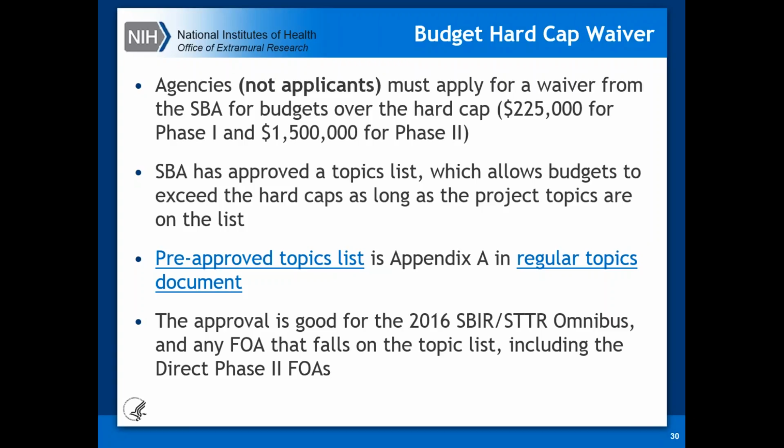So the SBA Central Office has approved a topics list which allows budgets to exceed the hard caps as long as the project topics are on that list. There is a pre-approved topics list in Appendix A in the regular topics document that we have online, and the approval is good for the 2016 SBIR STTR Omnibus and any FOA that falls on the topic list, including the Direct Phase 2 FOAs.